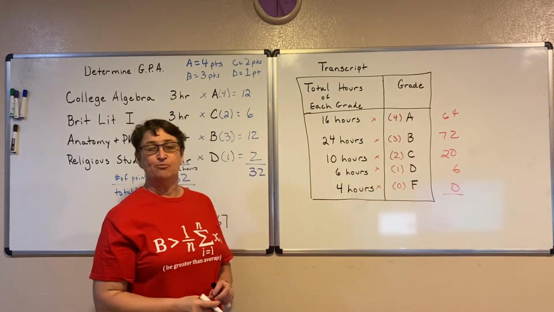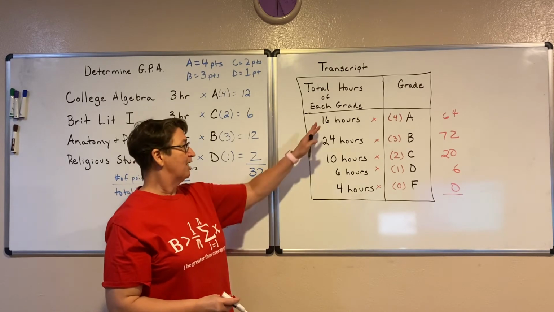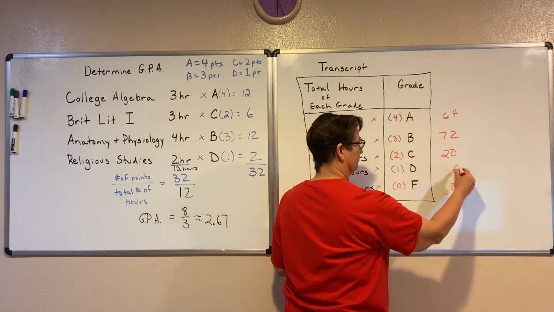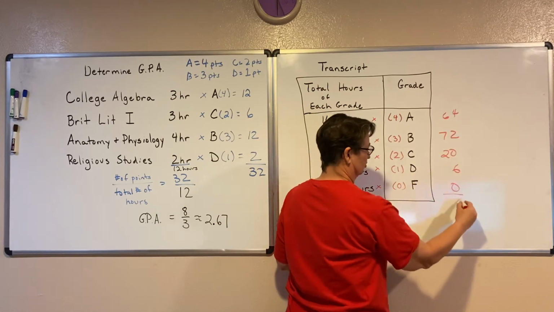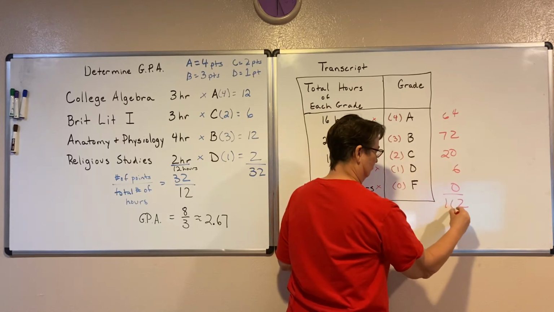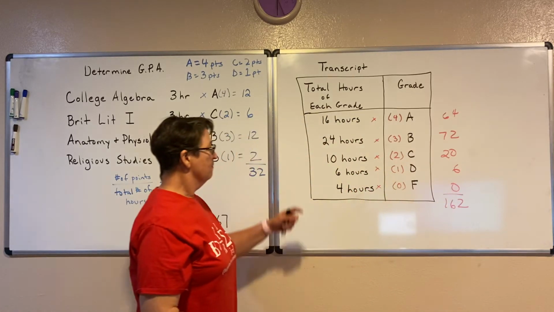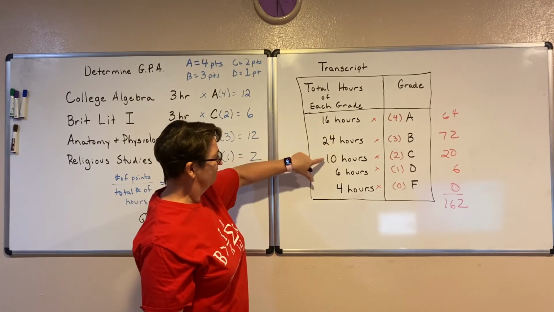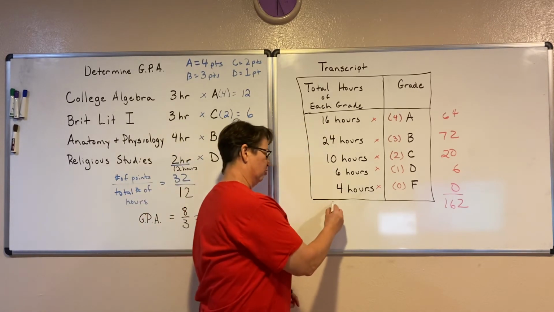We're going to add up that total and divide by the total number of hours. So here I just add this up, and I have 162. For my hours, that's 10, 20, 30, 40, 50, 60 total hours.